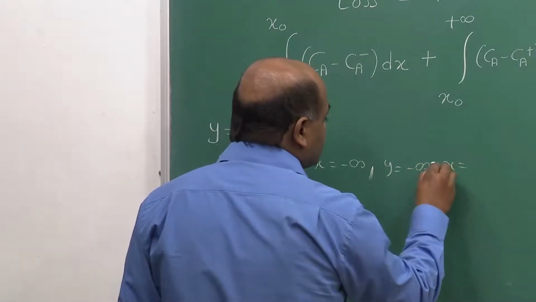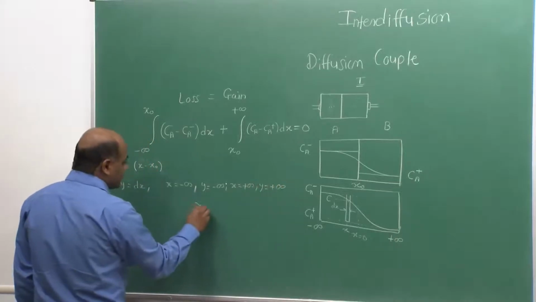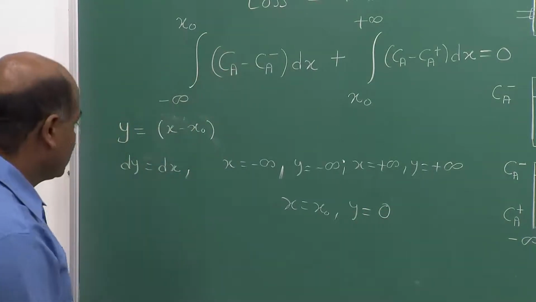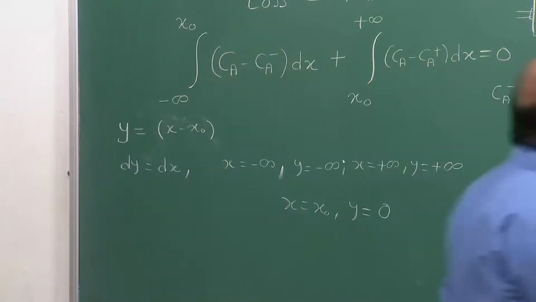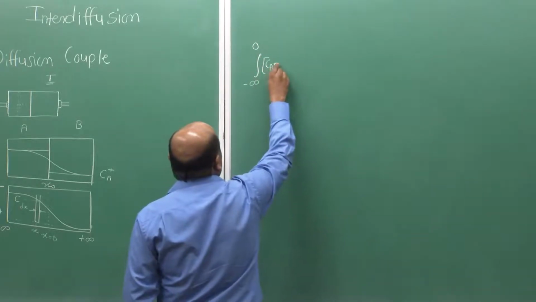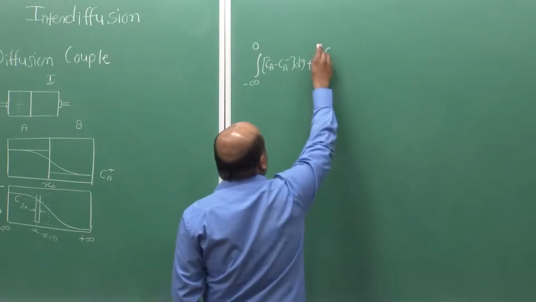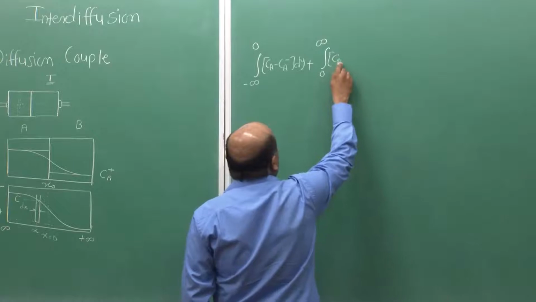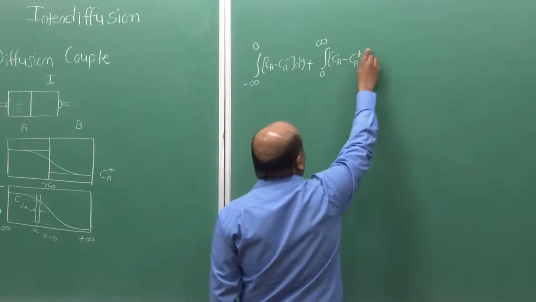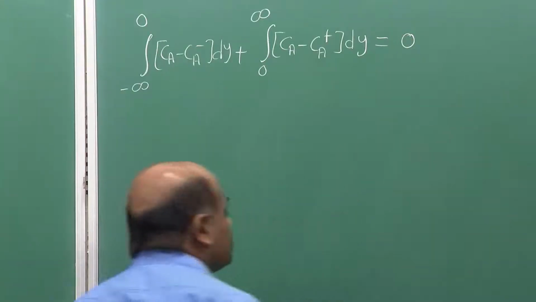Similarly, at x equal to plus infinity, y should be equal to plus infinity, and when x is equal to x naught, we have y equal to 0. So, with this substitution, we can write the integral from minus infinity to 0 of Ca minus Ca minus dy plus the integral from 0 to infinity of Ca minus Ca plus dy should be equal to 0.